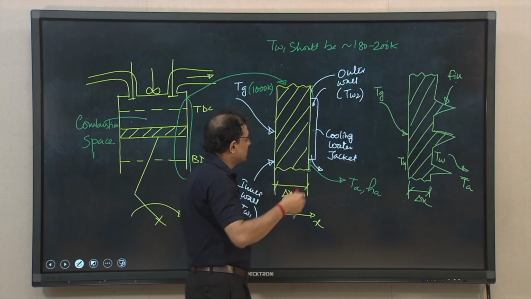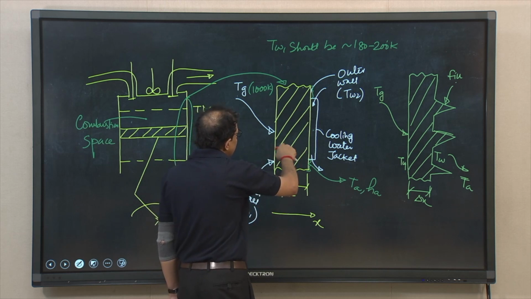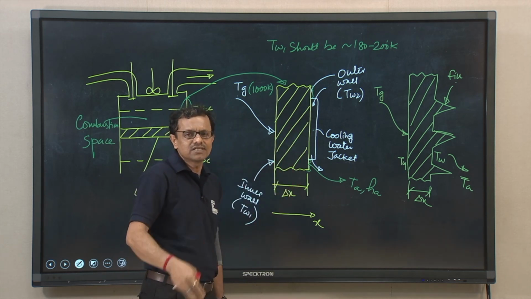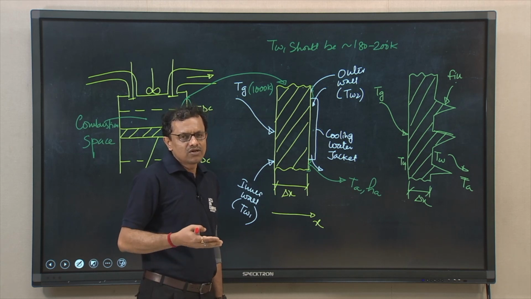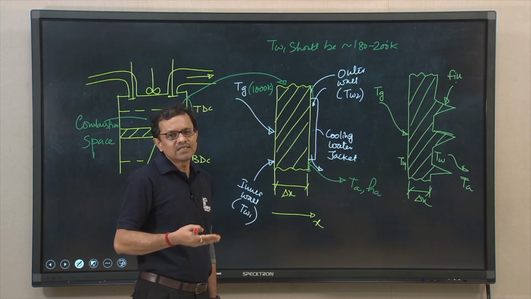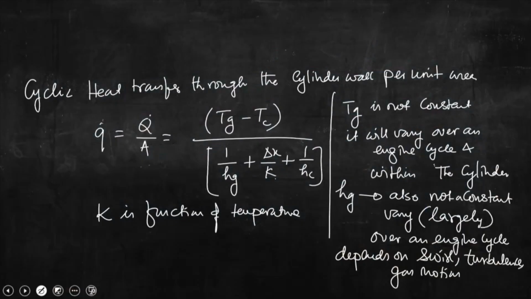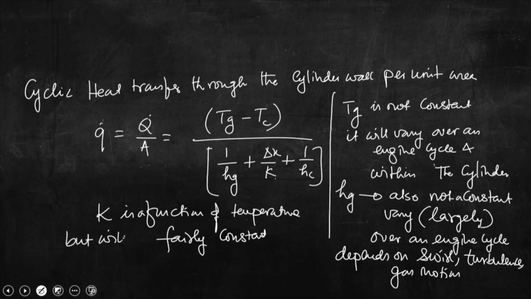So, we can assume that temperature fluctuation across the width of the cylinder wall is not so high as to consider temperature dependent thermal conductivity. So, K is a function of temperature, but will be fairly constant.